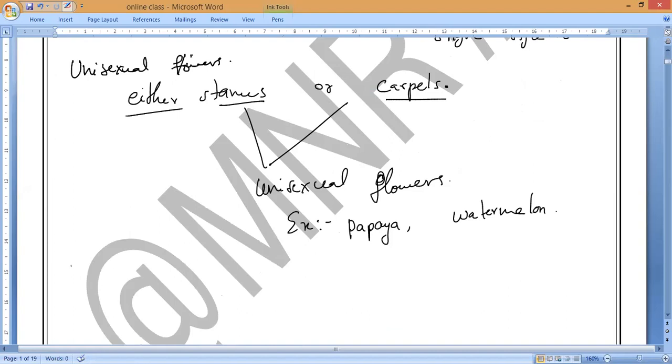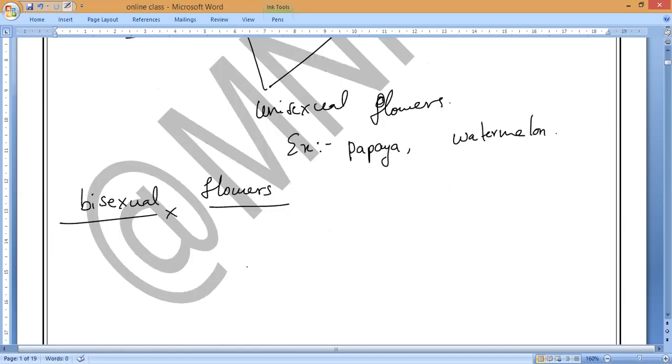Now, some flowers have both the sex organs. What are those called, guys? Bisexual flowers. Bisexual flowers. So you can write it. What do you mean by bisexual flowers?